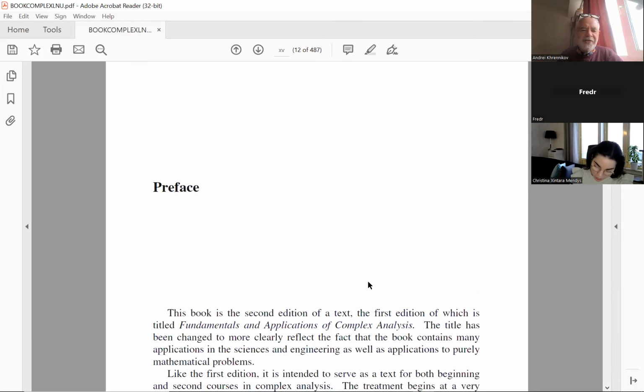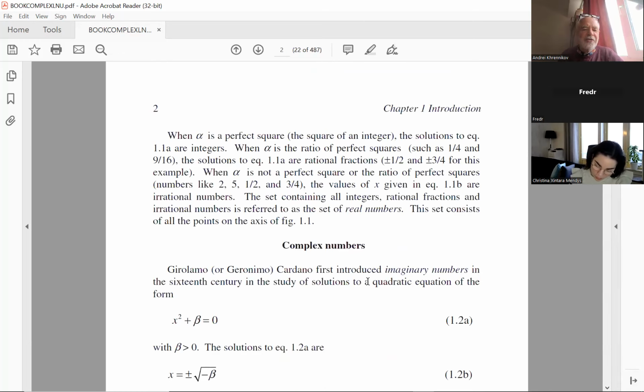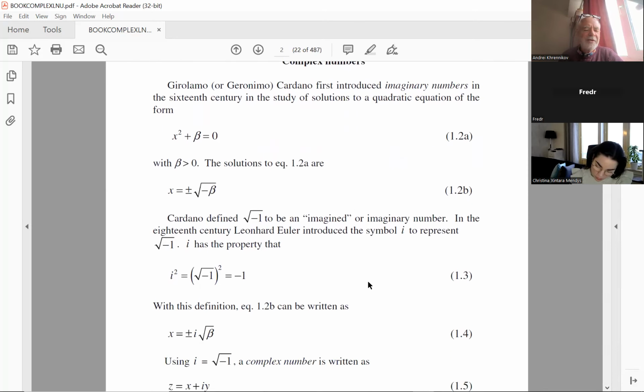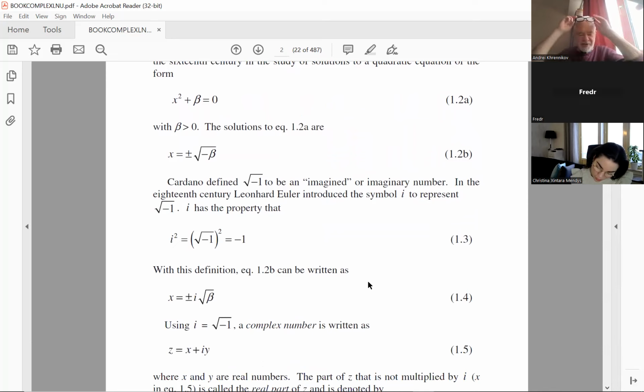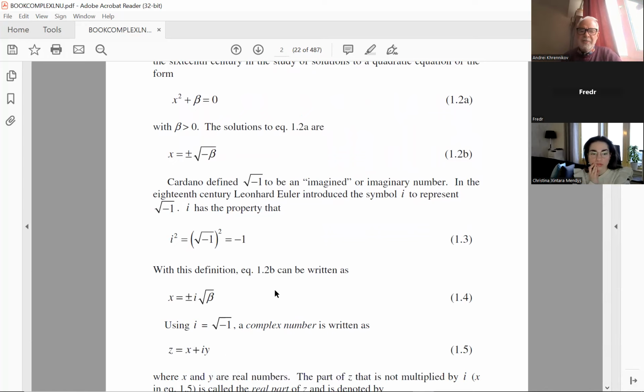Since complex numbers were so long ago, the first lecture was essentially devoted to repeating what a complex number is. A complex number is given by the expression x + iy, a formal expression where i is an additional element which has only one property: i squared is equal to minus 1.